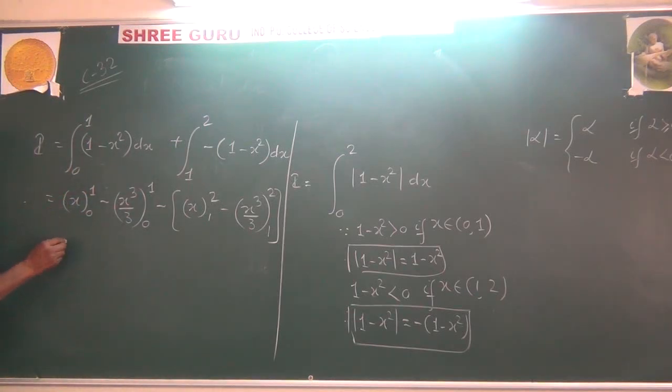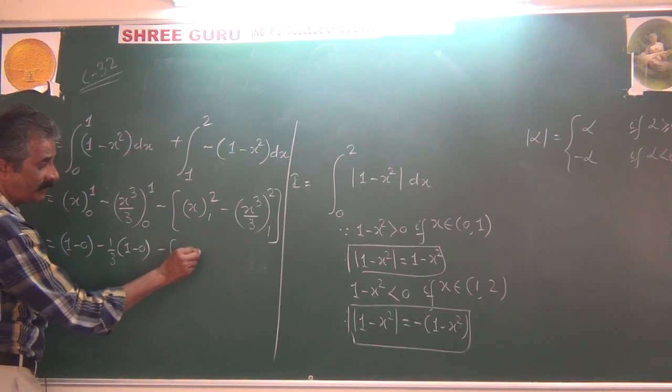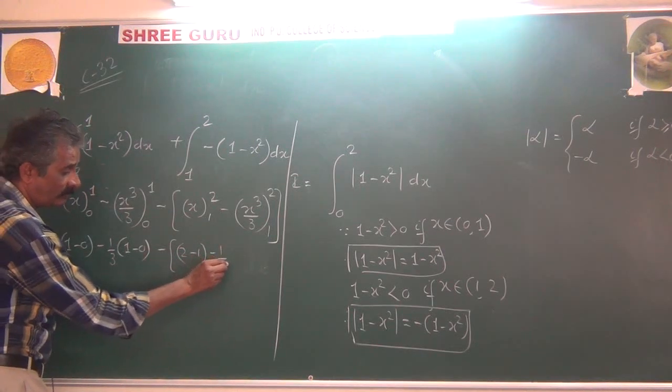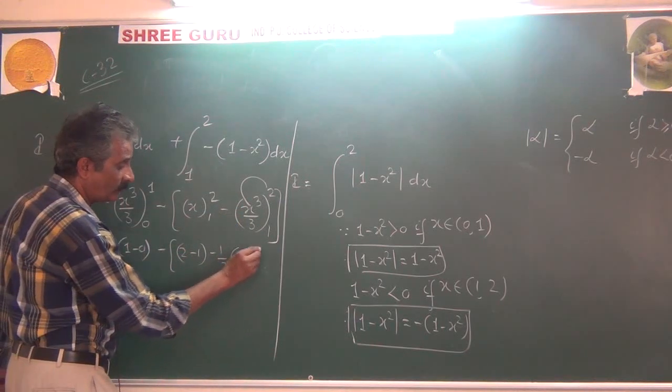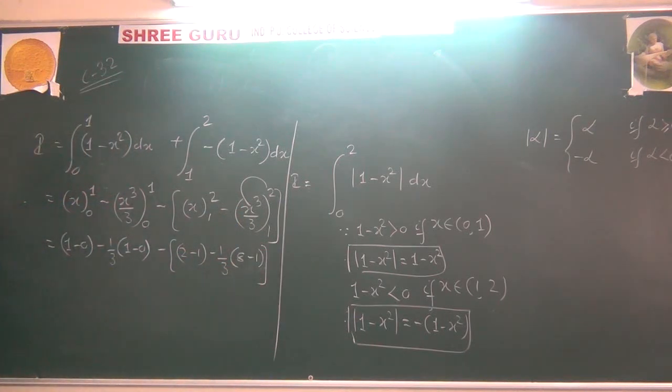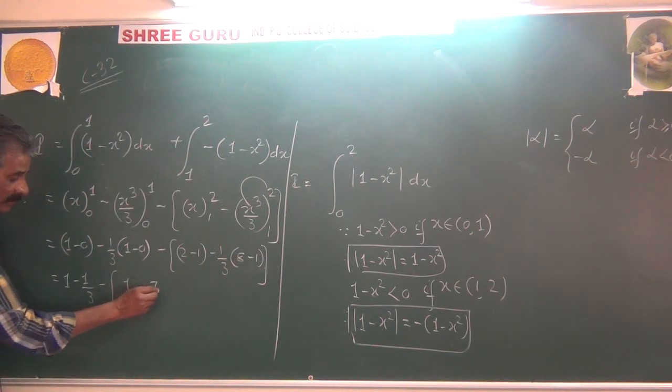At upper limit x is 1, at lower limit x is 0, minus 1 by 3 into x is 1, 1 cube 1, 0 cube 0, minus 2, minus 1, minus 1 by 3 into 2 cube 8, minus 1 cube 1. 1, minus 1 by 3, minus 2 minus 1, 1, 8 minus 1, 7 by 3.